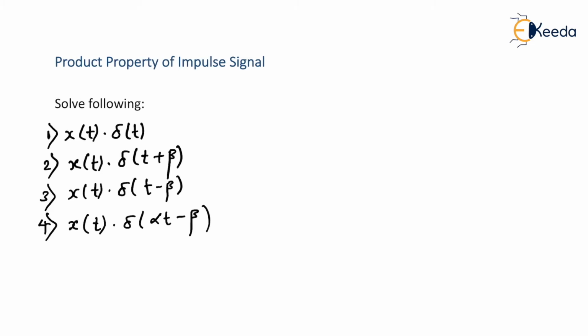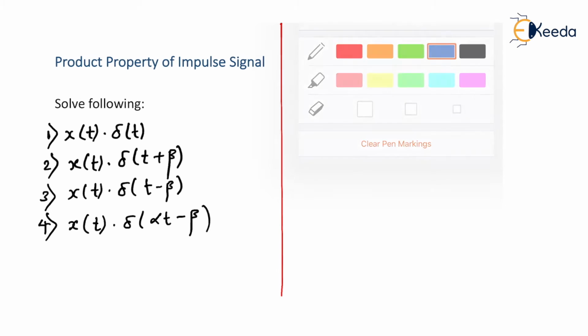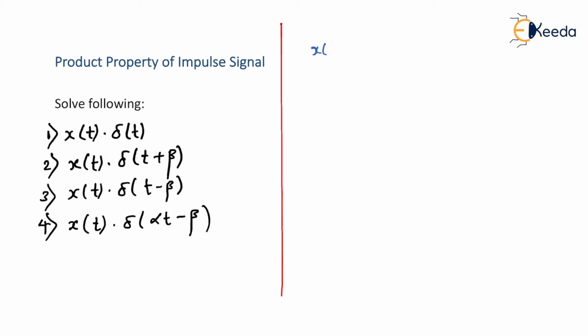Let us start with the very first question, which says x of t dot del of t. Let me tell you, x of t can be some arbitrary signal which we can assume, which is now multiplied with del of t, the unit impulse continuous time signal.